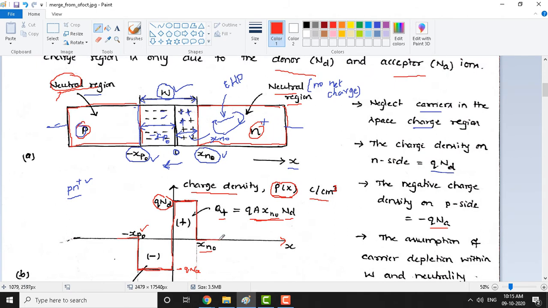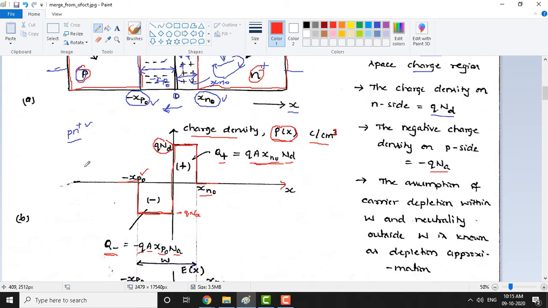Therefore, the charge density is going to be 0 in the neutral n region. Same way in the neutral p region, there are no charges. Equal numbers of electrons flow, and the net charge here is going to be 0. You don't see any p type or n type charges. Equal movement will happen here.